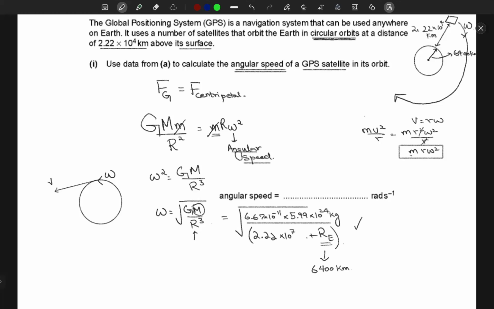I think the value is given in your formula sheet. There are two sets, right? In one part you have all the values of constants, and then you have some of the formulas as well. So in the section where you have all the constants, the radius of the Earth and the mass of the Earth, I think, are given. So you don't have to memorize the radius of the Earth.